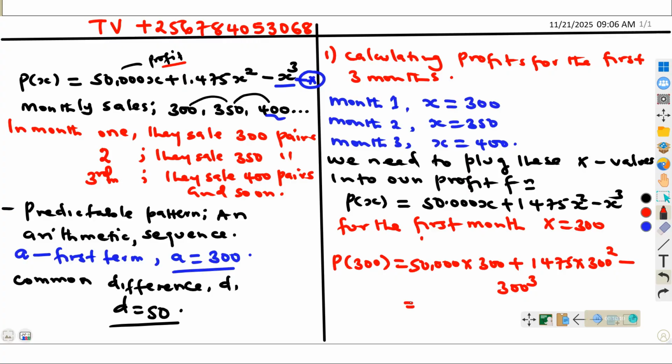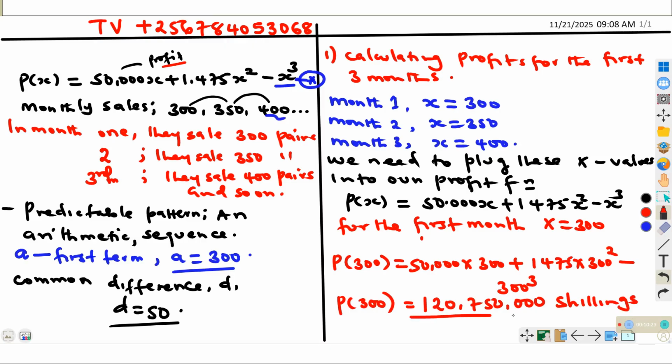This will give us the profit made in the first month. Let us compute that. That gives us 120,750,000 Ugandan shillings. This is the profit in the first month.